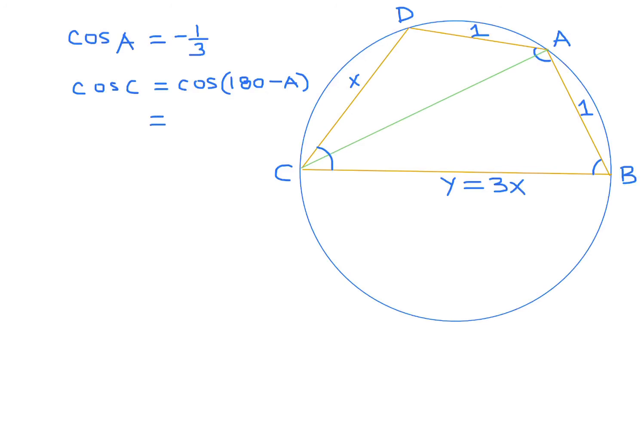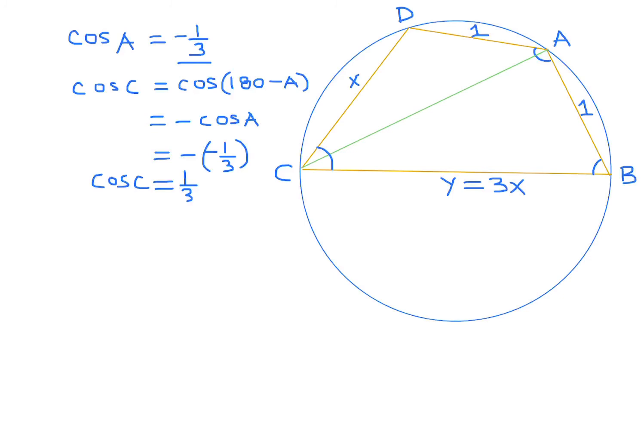Then the cos of 180 minus A is the same as the negative of the cos of A. And since the cos of A is negative 1/3, you put that in there like this, and you'll get 1/3 for the cos of C. Okay? So the cos of C is 1/3.